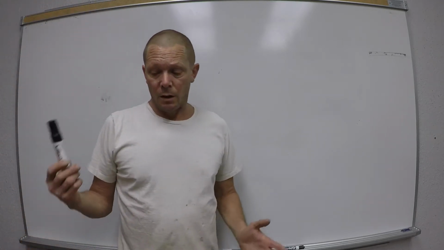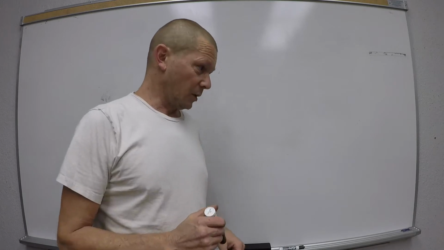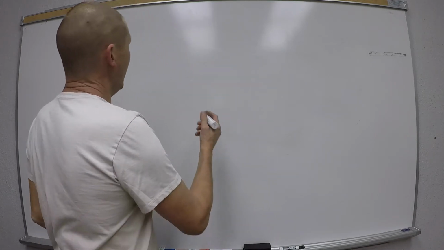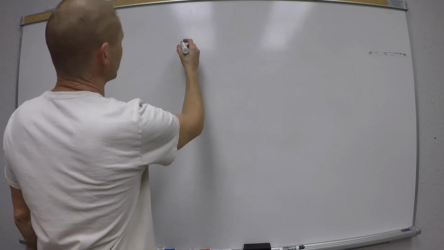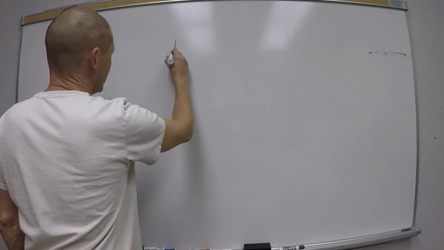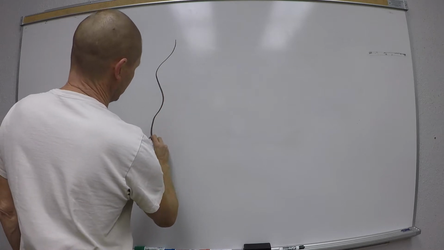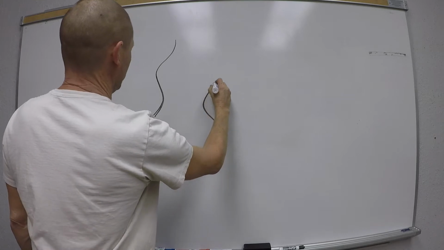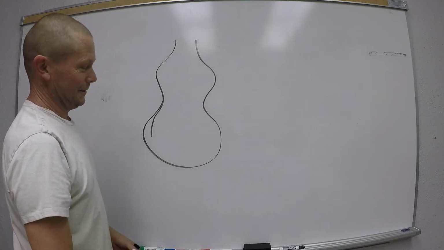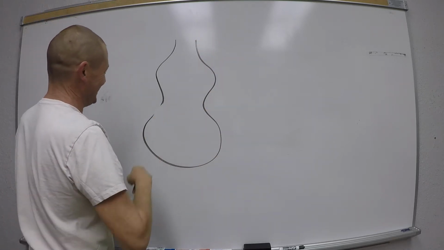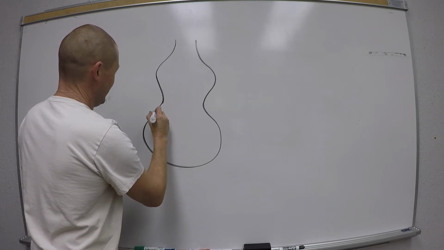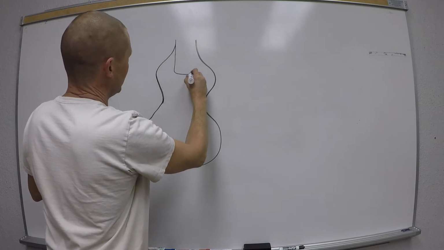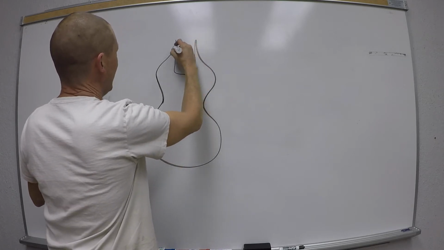Okay, so here's what we're doing. We're going to make that top like I had mentioned. It's really hard to draw, actually. I'll do my best. It looks something like that. The shape of it is more like that.